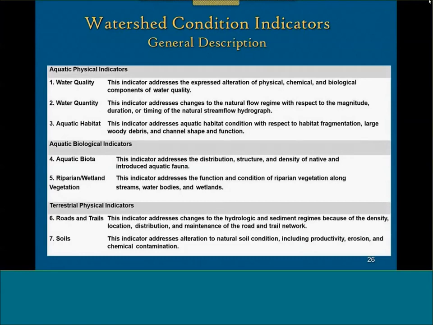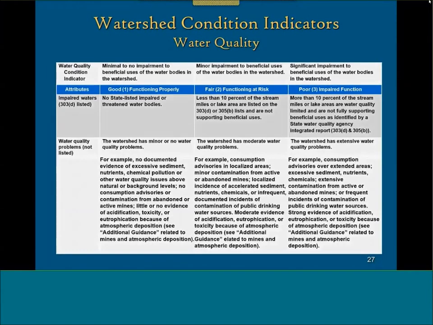This is the rule, the guidance that was given. For the water quality indicator, it's over here in the attributes. It's either impaired waters if it's on the 303(d) list, or not on the 303(d) list.